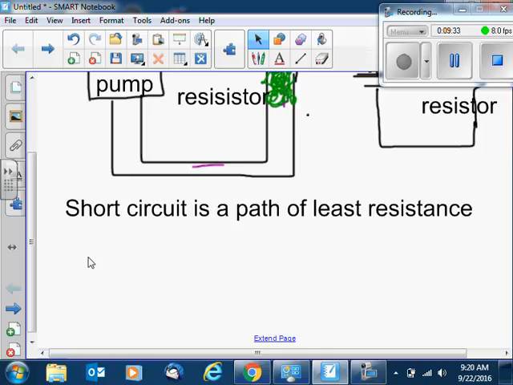There is no work to be done. Every single time an electron goes through a resistor, that electron has to do work. It has to overcome the resistance that the resistor is giving it. Now, if it has an option of not going there, then there is nothing to overcome.